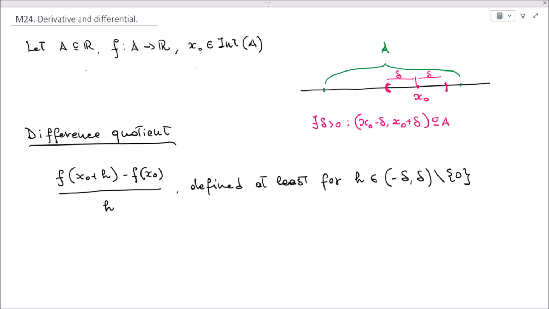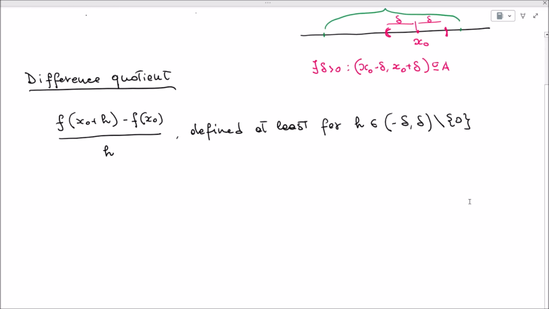So let me give you a geometric interpretation of this difference quotient, and then we'll come back to the definition.